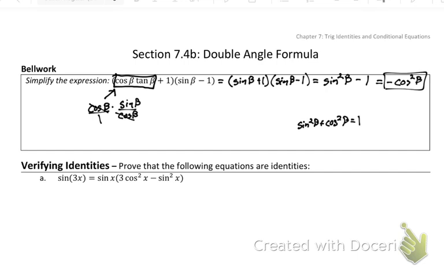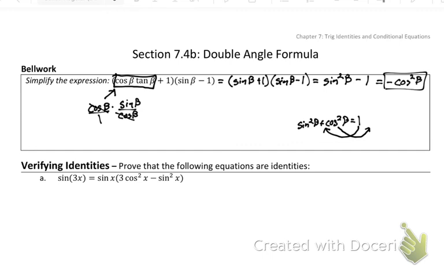In order to subtract 1, I would move it that way. But to get the cosine to the other side, I'd have to subtract that cosine squared. So that would equal a negative cosine squared beta. Subtract 1 from one side, and I have to subtract that cosine squared from the other side. So take that extra second, get that question right. Questions on that one, though?